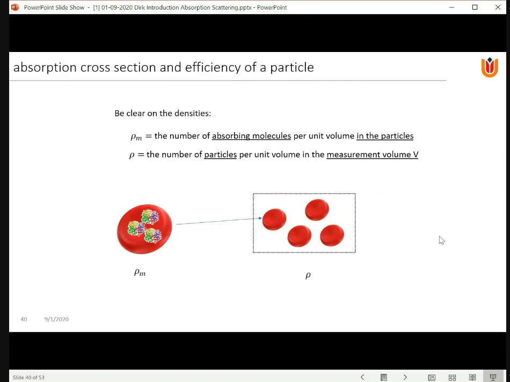The density of absorbing molecules in the particle is rho m, molecular as a subscript, and the number of particles in the volume is just plain rho.